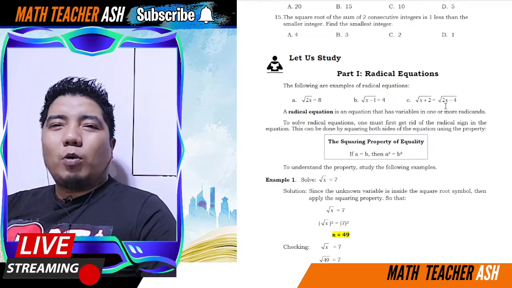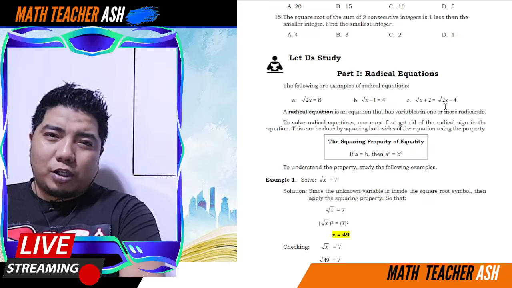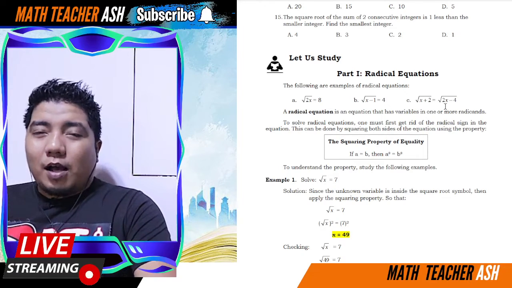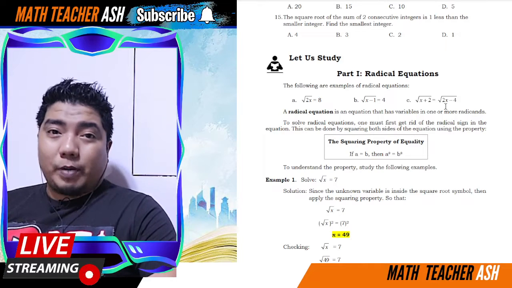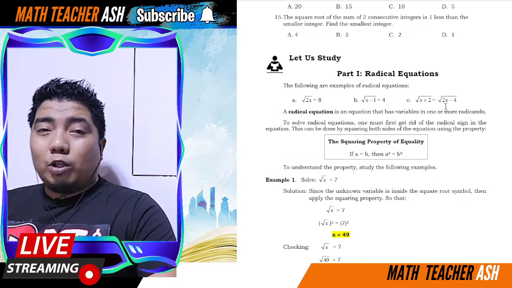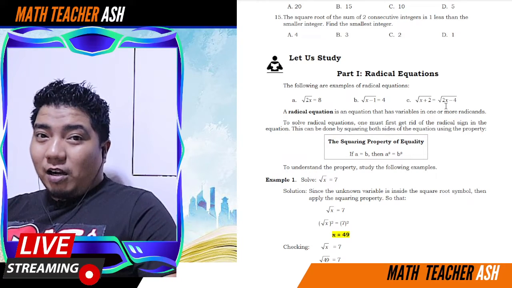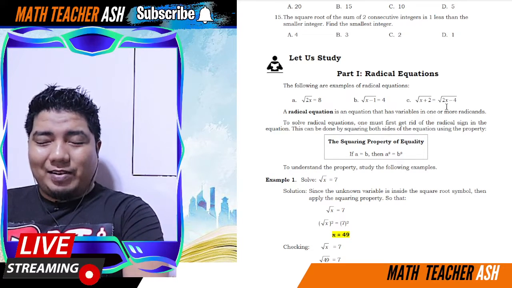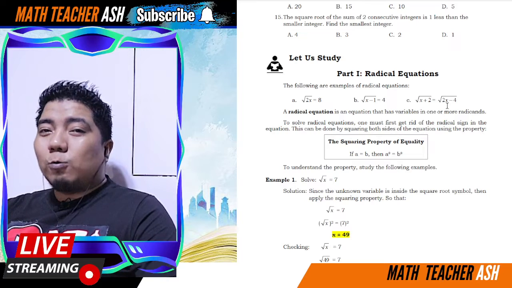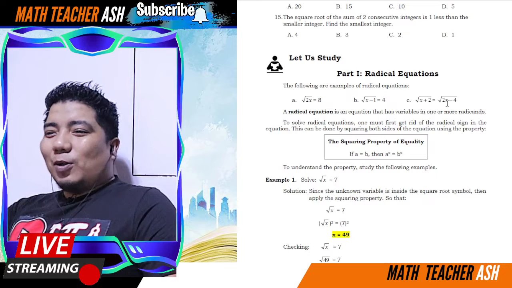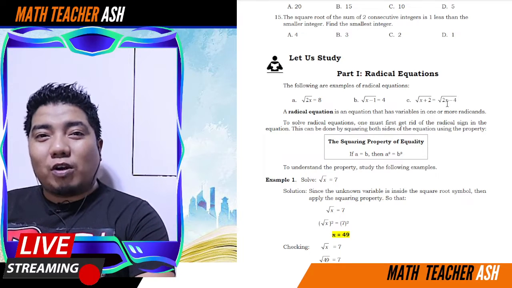Part 1, ano nga ba ang radical equations? Of course, if we could consider our discussion last week, radical expressions are expressions which use the radical symbol, in which the variable x is in the radical sign, right? So ngayon, pag pinag-uusapan na natin ang radical equation, alright, so when we say equation, it is the use of the equal sign.